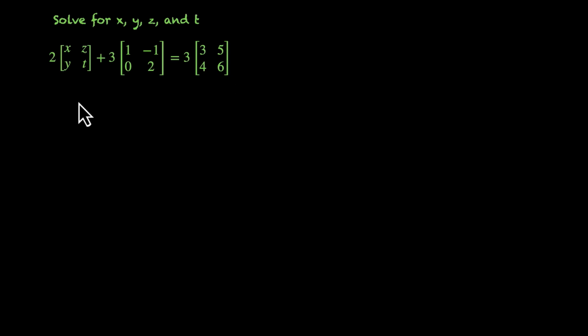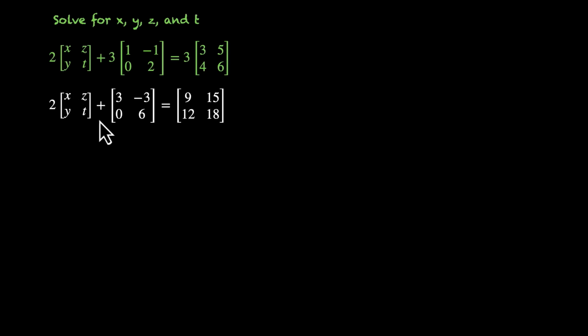Okay, so let's not touch this matrix. Let's keep this as is. We'll try solving for this entire matrix. We'll have 2 times this one plus 3 times this becomes 3, minus 3, 0 and 6, equals 3 times this one. This is 3 times 3, 9, 3 times 5, 15, 3 times 4, 12, 3 times 6, 18.